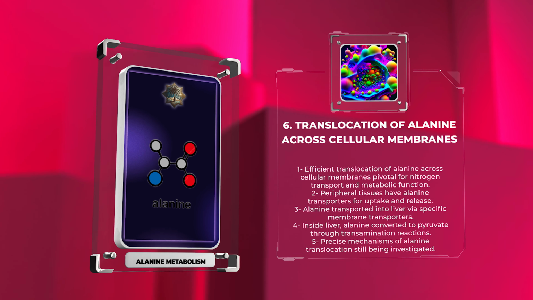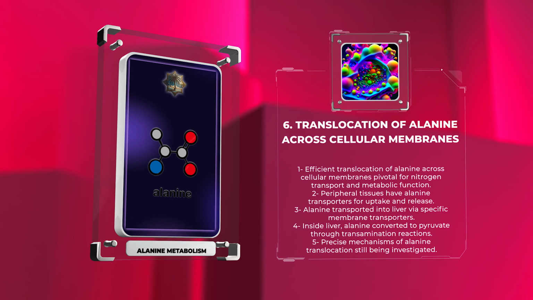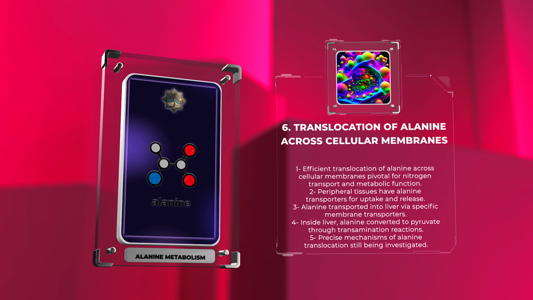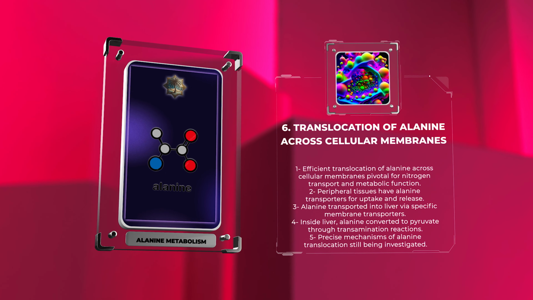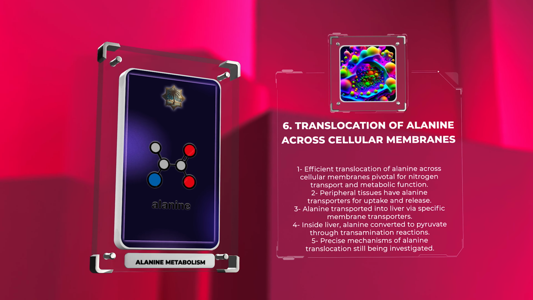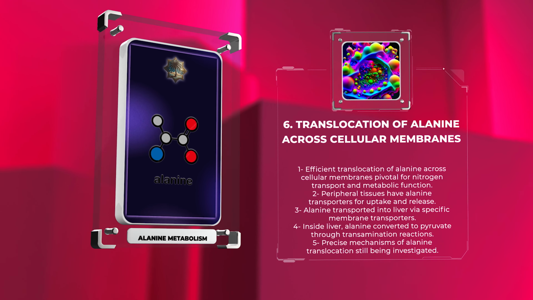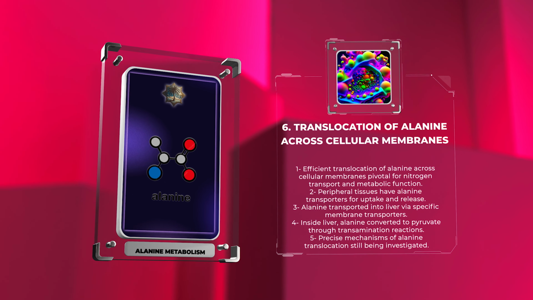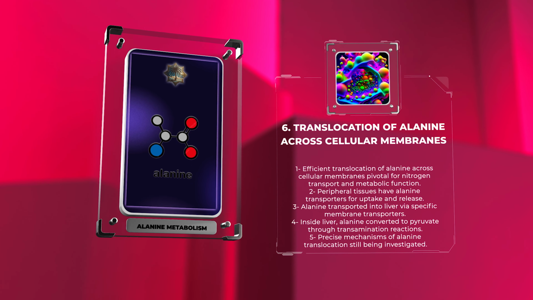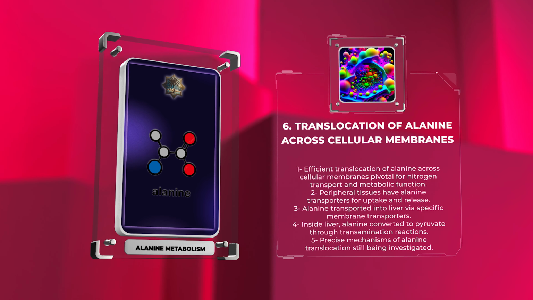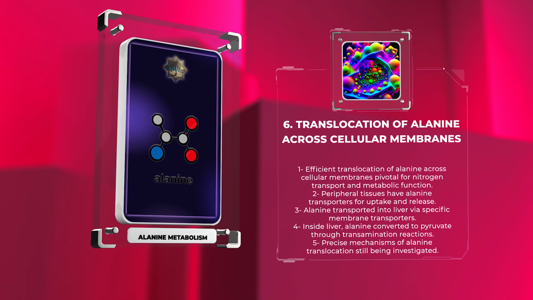In the liver, alanine is transported into hepatocytes through specific membrane transporters. Once inside the liver, alanine is readily converted into pyruvate through transamination reactions, as discussed earlier. The precise mechanisms underlying alanine translocation across cellular membranes are still being investigated. However, the existence and activity of specific transporters highlight the importance of maintaining a tightly regulated transport system to ensure proper alanine metabolism and metabolic homeostasis.